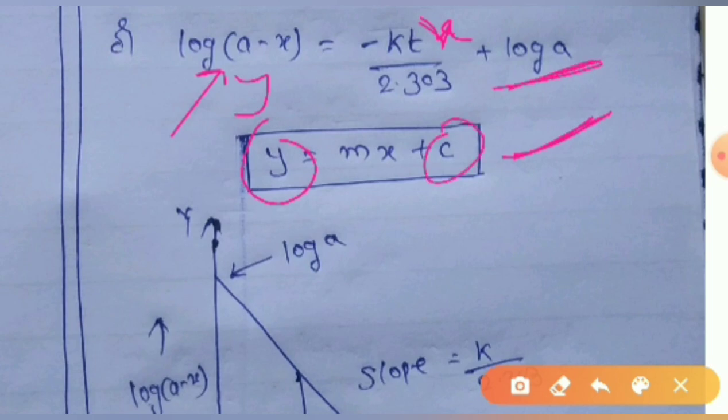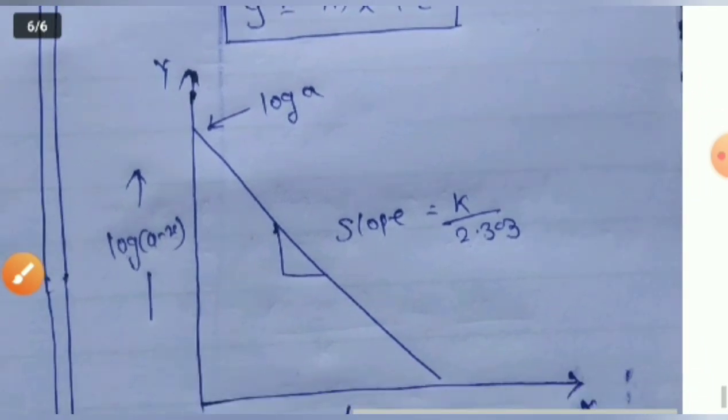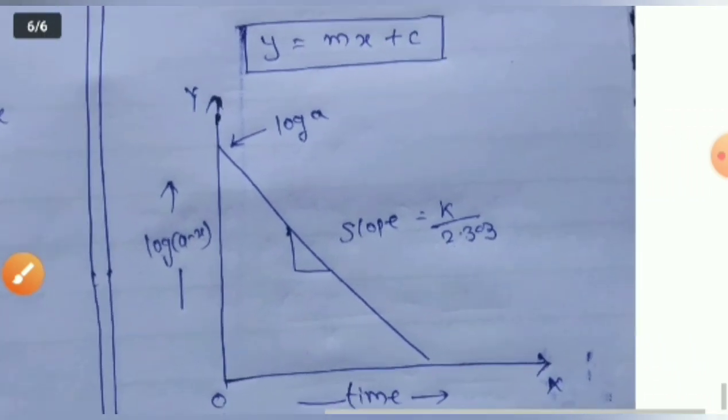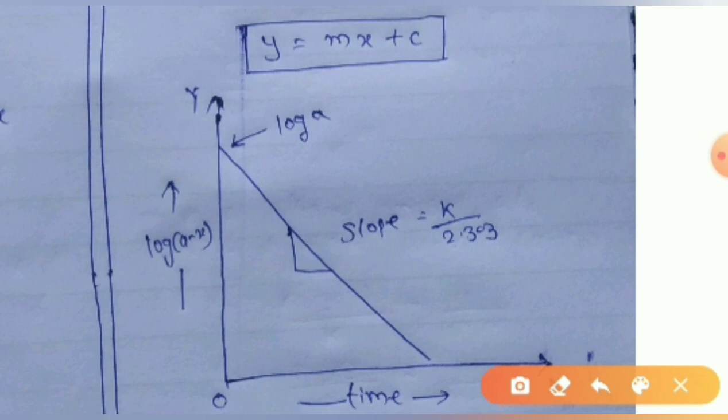Now if you plot the equation on the graph, we will get this type of graph where you will find time on the x-axis and log of a minus x on the y-axis, as we have seen earlier. If you draw the line, we will get an inclined line.